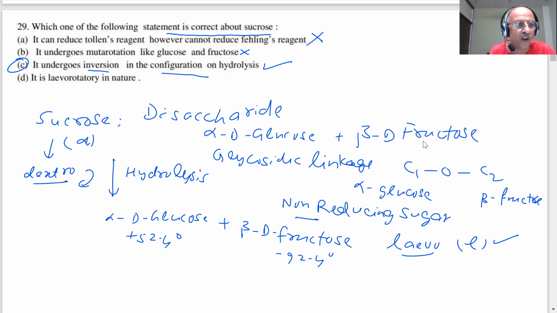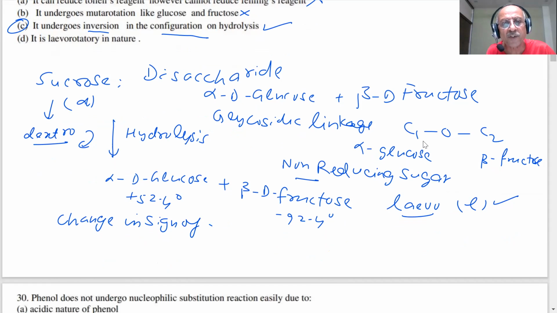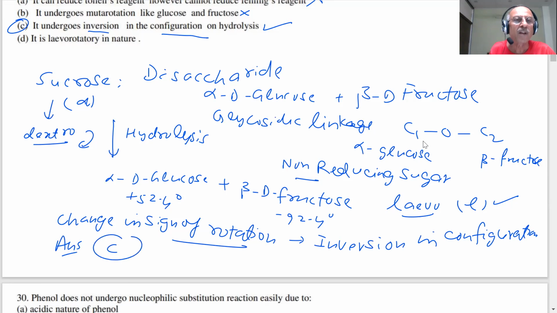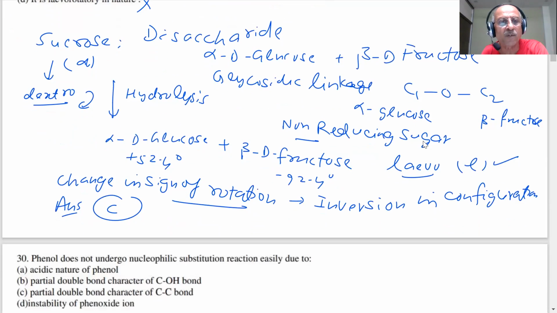There is a change in sign of rotation, and that is what we call inversion of sucrose. Inversion in configuration takes place, student. Therefore, the correct answer is C. So C is the correct answer. Inversion in configuration will take place. Therefore, students, the other answer is wrong. All right, let us go to the next question.